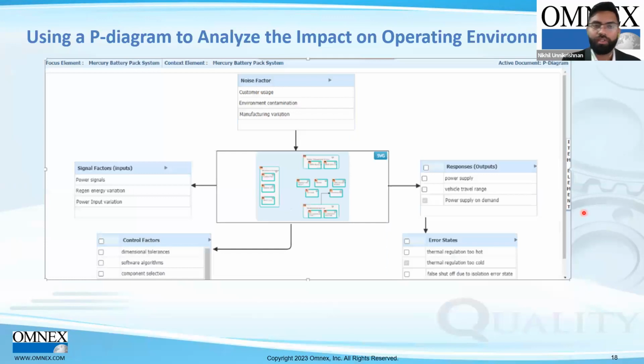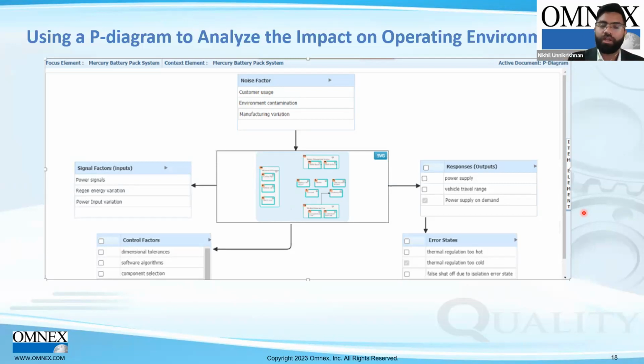Now, going into the next slide, we're talking about a P diagram. Another expectation within ASPICE is about analyzing the impact on the operating environment. So I have a system, and how do I analyze the impact the system has on the operating environment? Now, when you get to the software process, which we won't cover today, it has a similar expectation: how does the software have an impact on its operating environment?